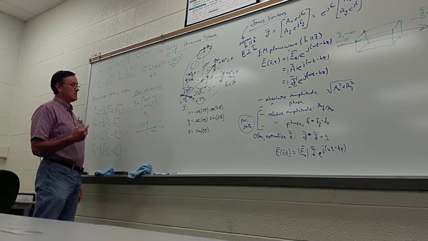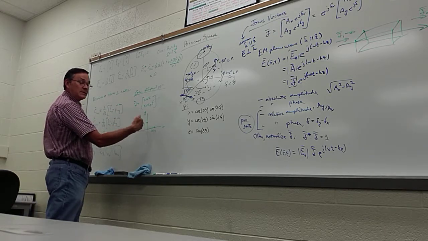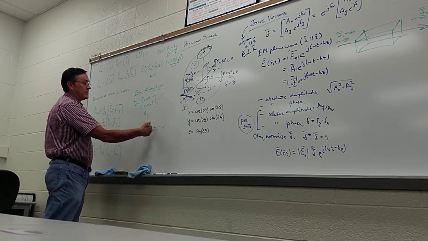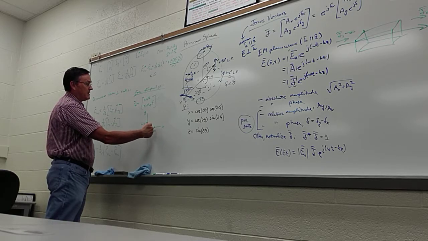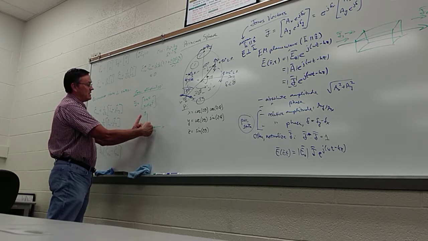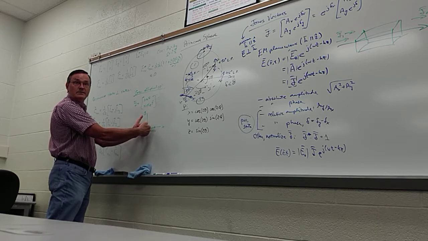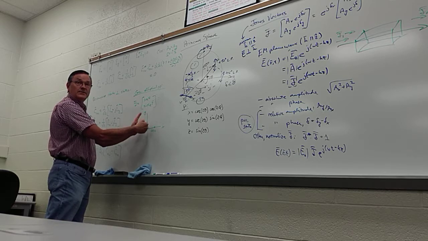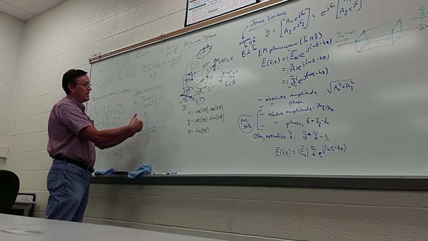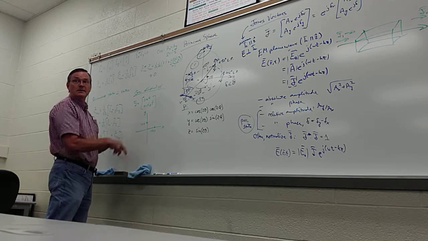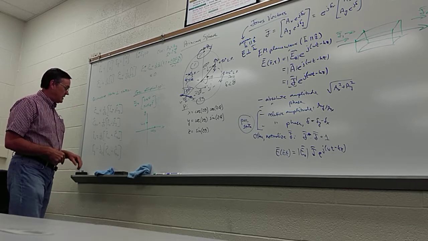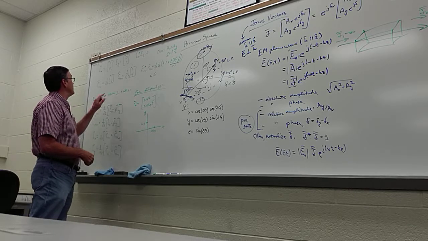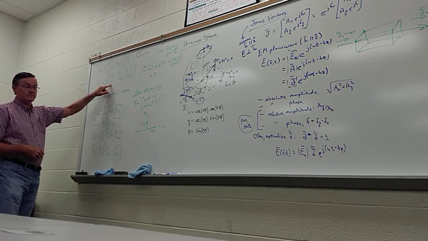My finger method is just stick a finger on my right hand in the direction of positive x. Stick a finger on my left hand in the direction of positive y, and then just shift them by whatever delta is. If it's, say, pi halves, then this comes forward. If it's negative pi halves, this goes back. So let's say that we had this polarization state right here.